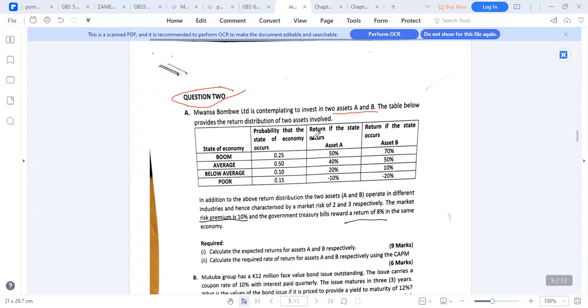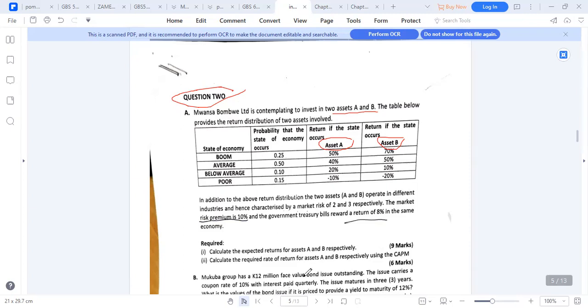Then we have asset A and asset B. For asset A, we have returns of 50%, 40%, 20%, and negative 10%. Getting down to asset B, we have returns of 70%, 50%, and so on.